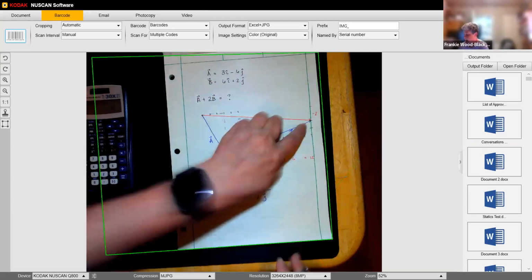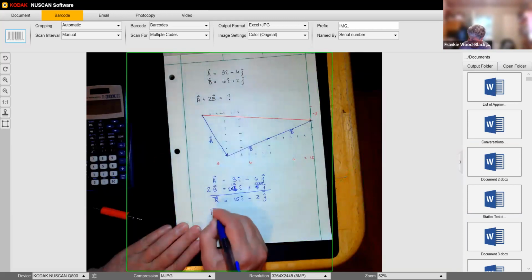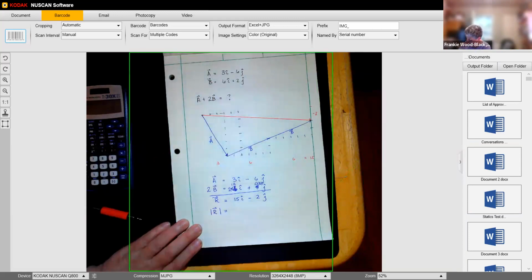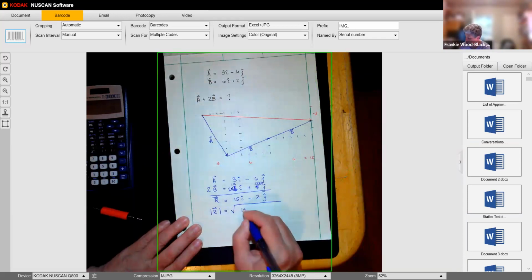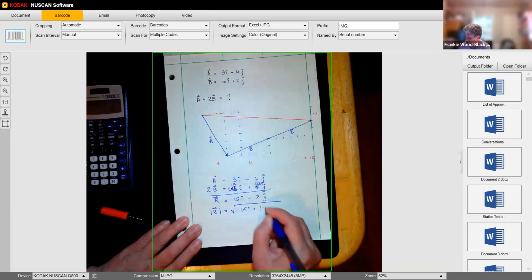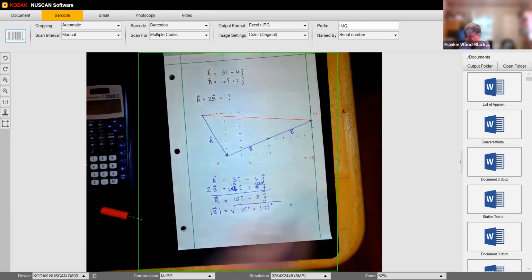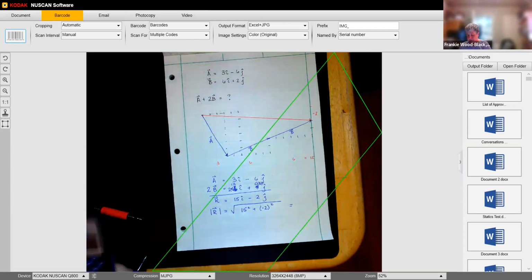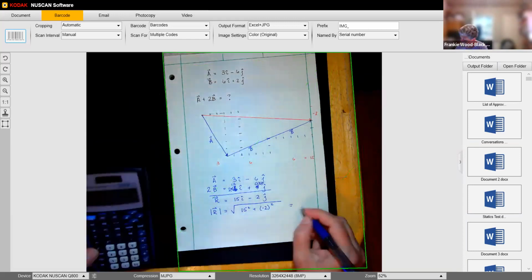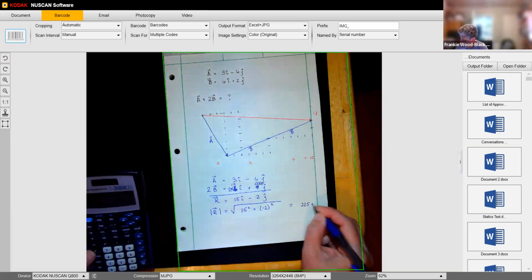If I want to know the magnitude of that resultant vector, that is going to be the square root of 15 squared plus minus 2 squared. I get 225 plus 4.